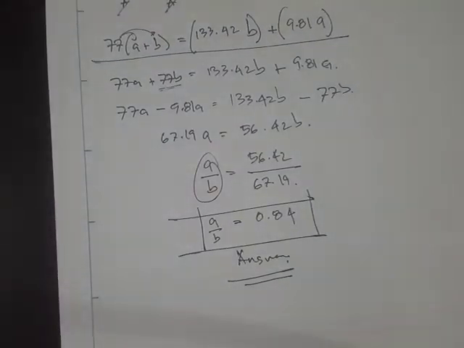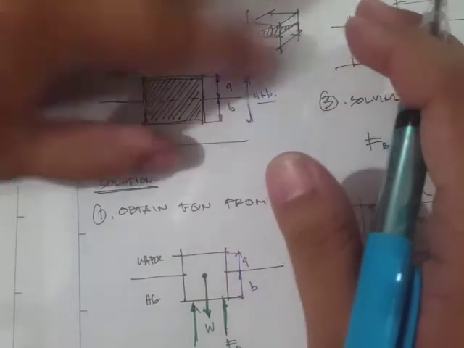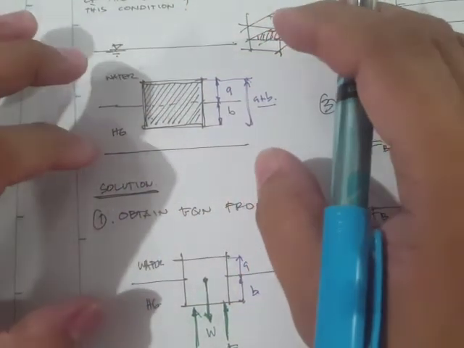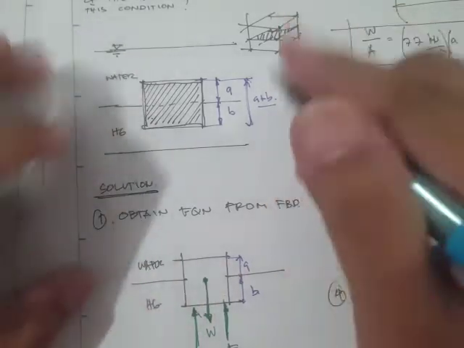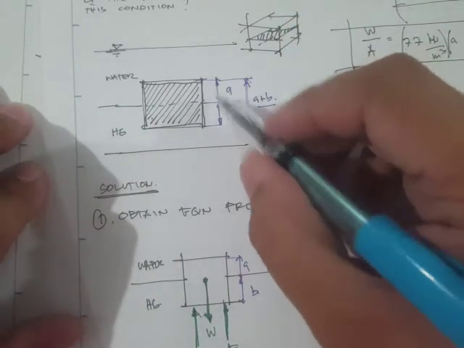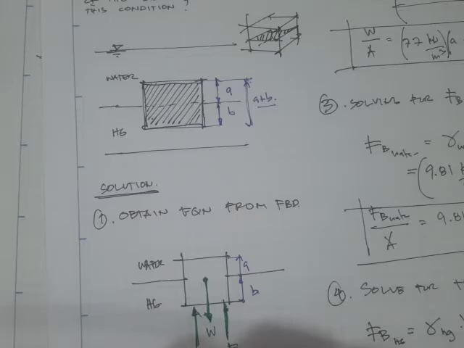So again, if we review our solution process, we have this problem. It's a two-layer fluid, and we are asked to find the ratio of these distances.